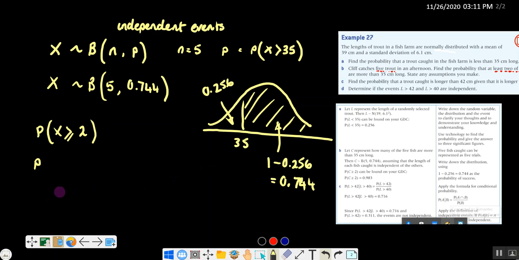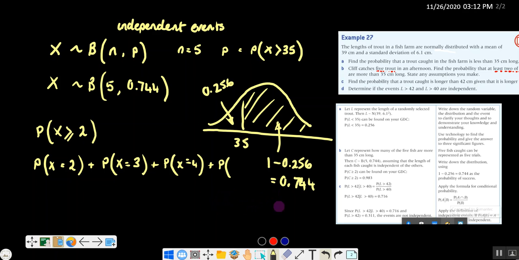Well, we want the probability that X equals 2, plus the probability that X equals 3, plus the probability that X equals 4, plus the probability that X equals 5.